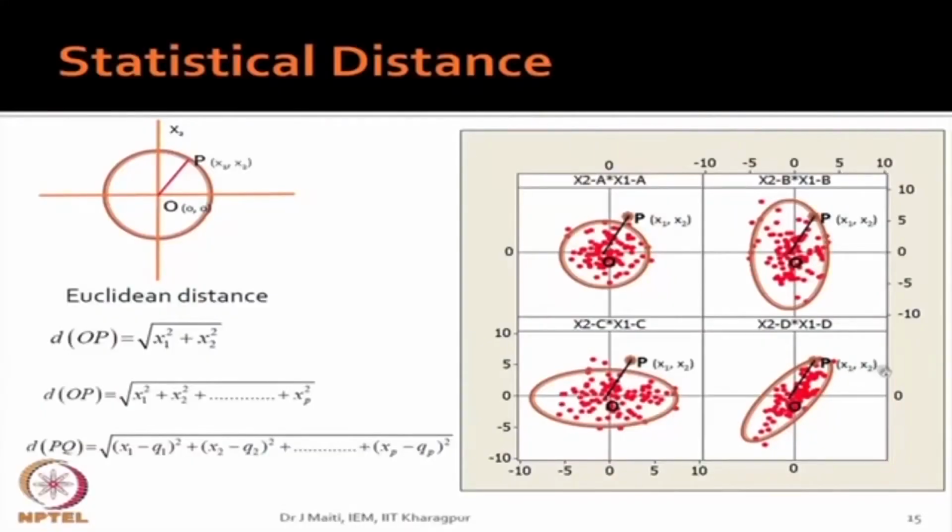So, the first one is random, in the sense that the two variables are independent. In the second and third also the two variables are independent; only in the fourth are the variables dependent. Now, you think of this as a bivariate case, and think from a multivariate point of view.